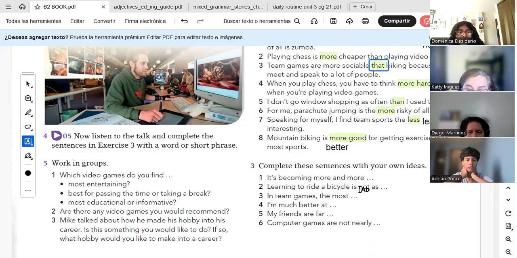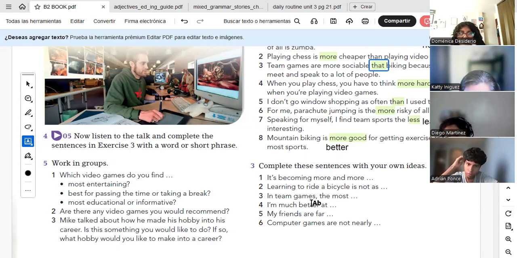Learning to ride a bicycle is not as something as. In the game, the most is mean we have to use a superlative. I'm much better at, this is a comparative. My friends are far something. Our computer games are not nearly. So please complete the sentences in the chat, okay? With your own ideas.